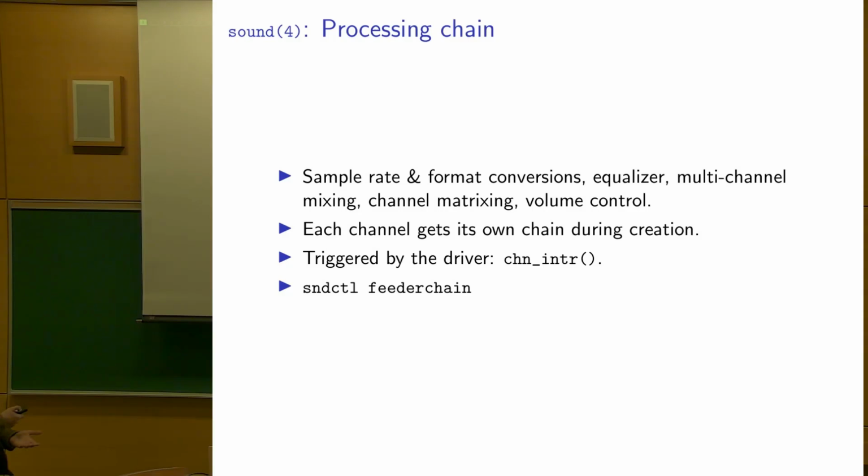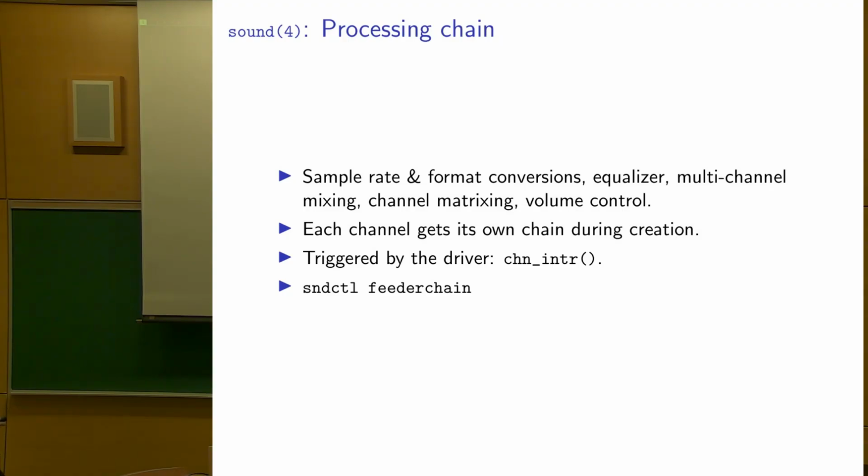But if your card actually works with 5.1, well, you cannot just send it stereo format. You need to convert this to a 5.1 stream, and then it's ready to go to the sound card. And the opposite is true. If you're recording from a stereo card and you want a mono stream, then you have to take this stream, convert it to mono, and then it's ready to go to userland. And also volume control. I guess you all know what volume control is.